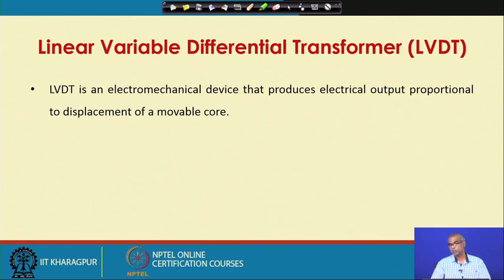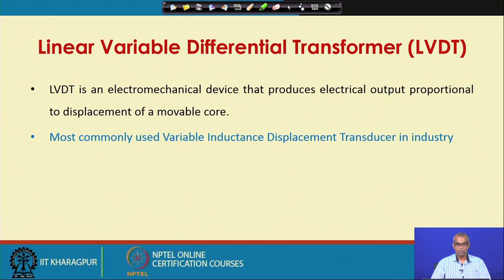The linear variable differential transformer, or LVDT, is an electromechanical device that produces an electrical output proportional to the displacement of a movable core. So, the displacement of the movable core gives the displacement input to the LVDT, and in return the LVDT gives us an electrical signal as output.